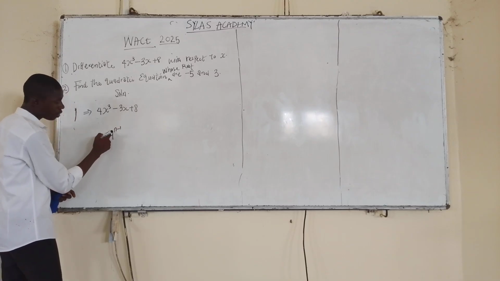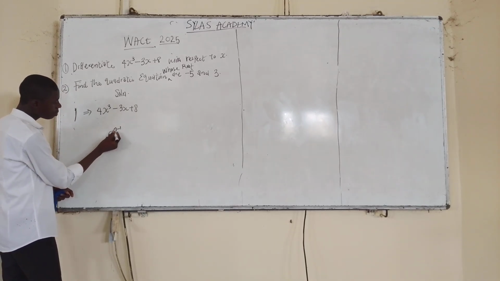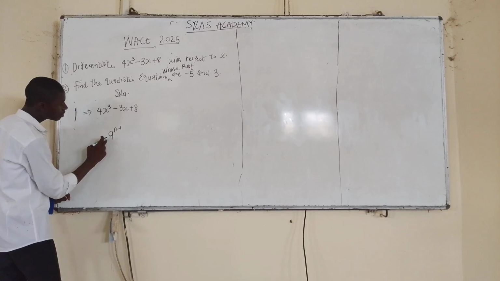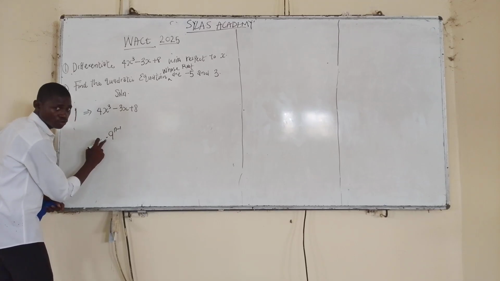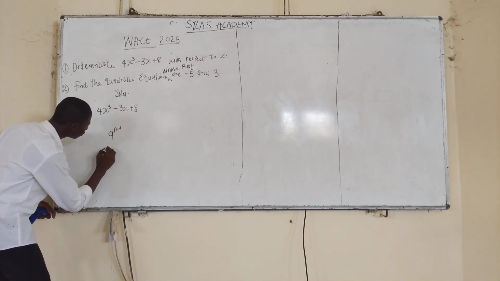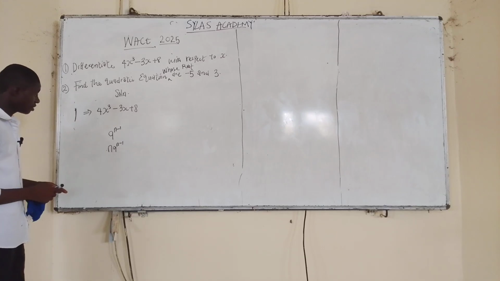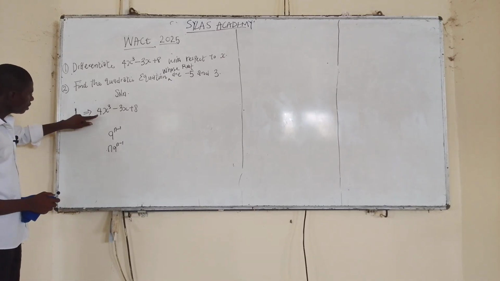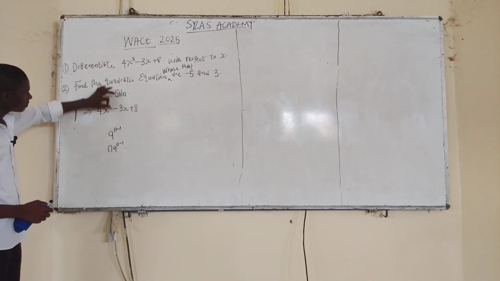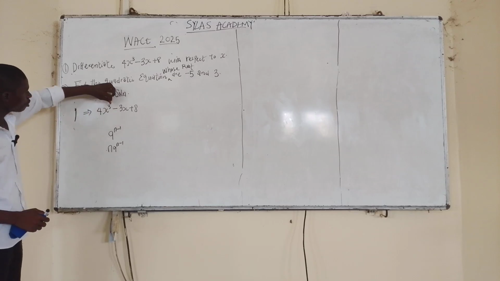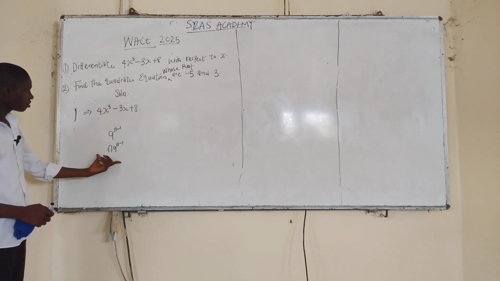This n is the power, so multiply this n towards this side. That is n minus 1. A is this 4, n is this 3, and you subtract 1 from this 3.